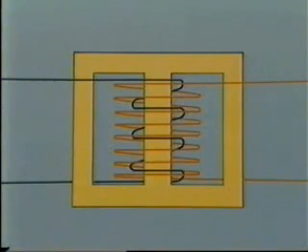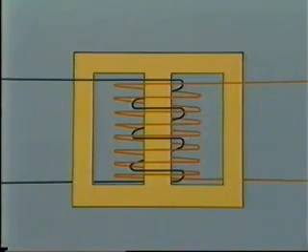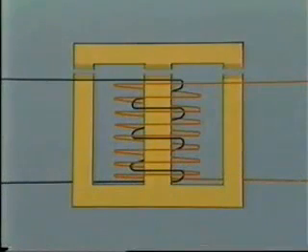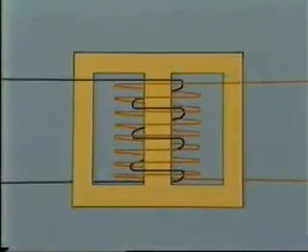Most distribution transformer cores are of the shell-type design, as shown here. The core consists of two laminated steel subassemblies with the high and low voltage windings slipped over the center leg before the core laminations are butted and joined.